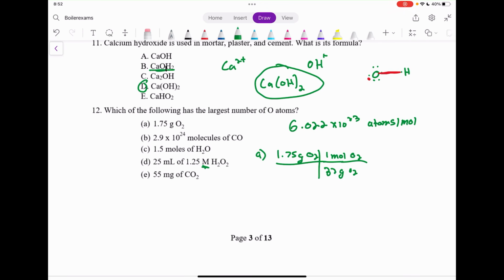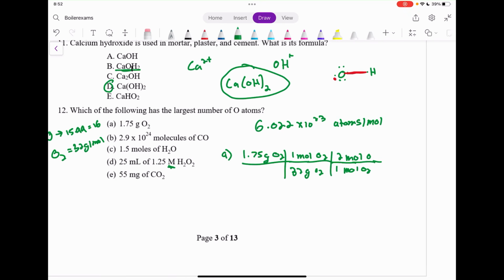The reason I know that is the molecular weight of one oxygen is 15.99-ish, or basically 16. So O2 molecular weight is about 32 grams per mole. In 1 mole of O2, there are 2 moles of oxygen atoms. And in 1 mole of oxygen, there is Avogadro's number of atoms.